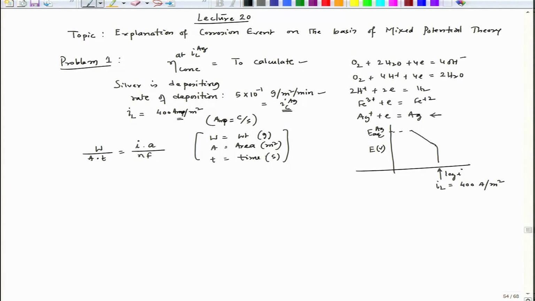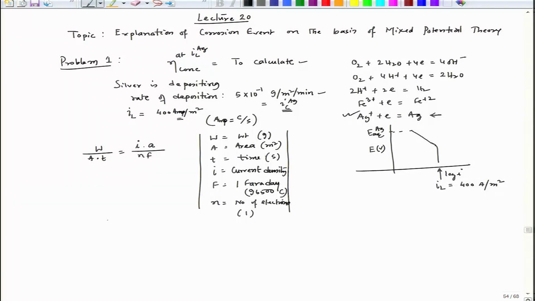I is current density, F is 1 Faraday, 96500 coulomb, and N is number of electrons. In case of Ag, this value is 1, because we are considering this reaction.